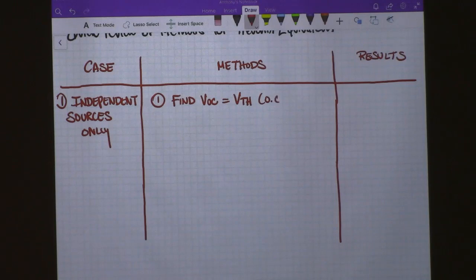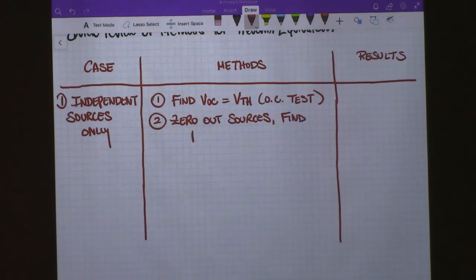Step number 2 is we zero out the sources and find the RS equivalent. And so the results we get are V Thevenin, which should not necessarily be equal to 0, and RS, which should not necessarily be equal to 0. Okay?